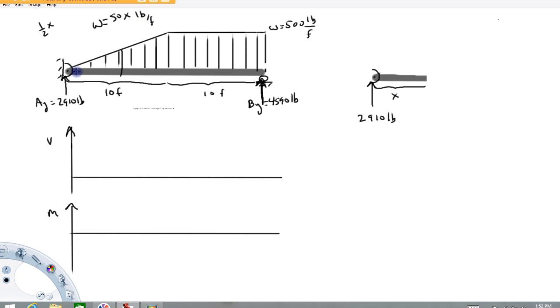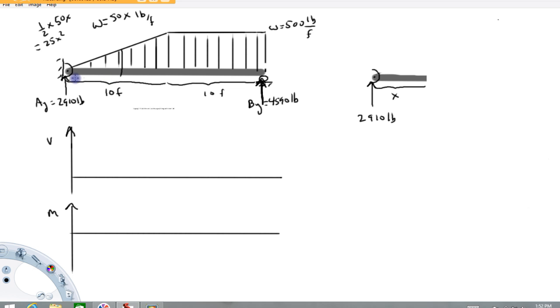So now when we replace this triangular load with a single force vector, from here to here is X, from here to here is 50X, so the area is 1/2 X times 50X, which is 25X squared. We're getting a function out of that, which is perfectly fine.